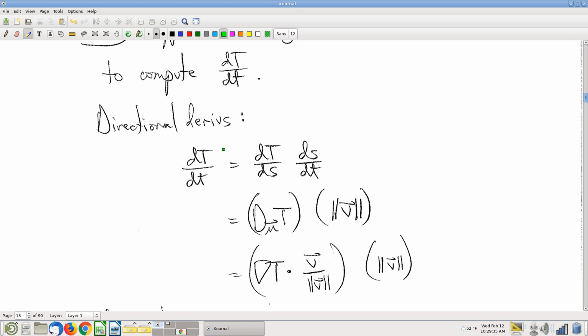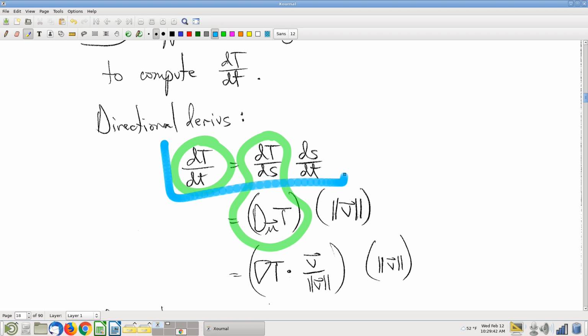I want to know this. Directional derivatives are that. So I have to start off by relating with this equation, the single variable chain rule, to connect these two different kinds of derivatives. ds/dt, of course I know, is speed, namely the magnitude of the velocity vector.